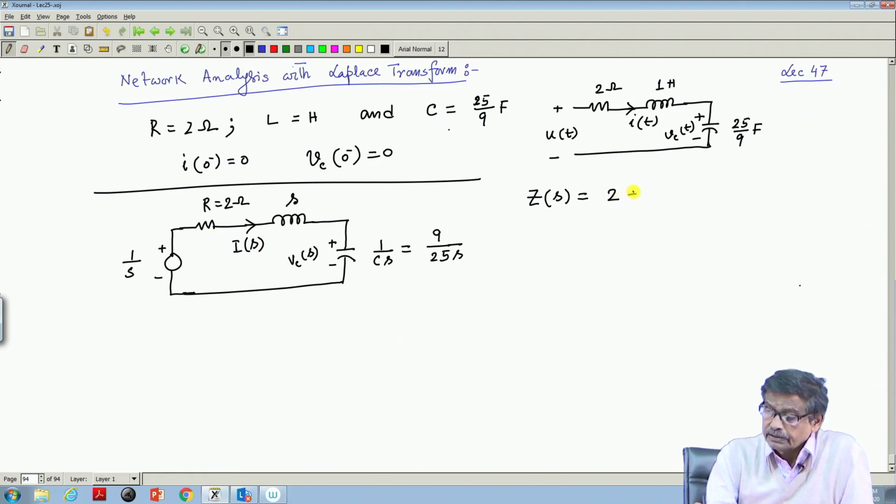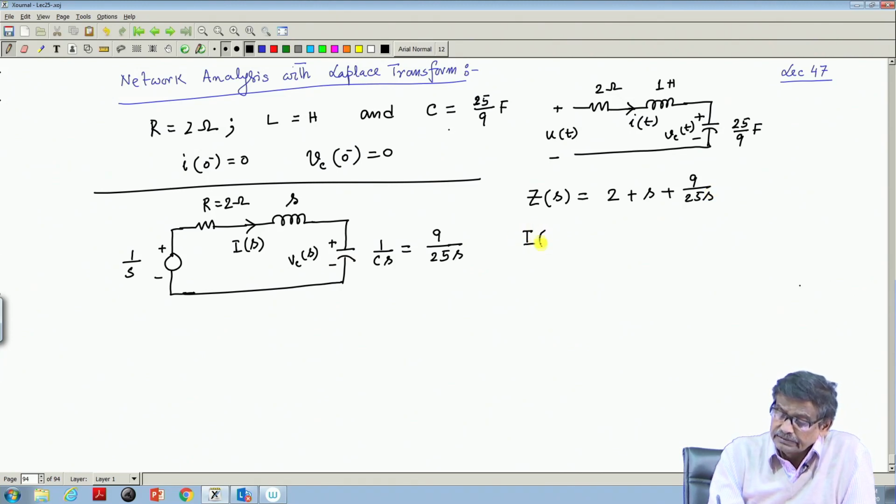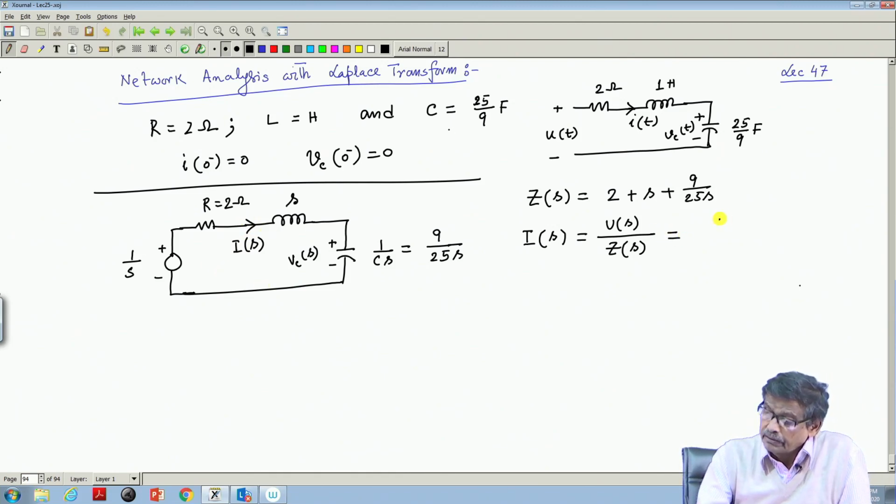So, 2 plus S plus 9 by 25 into S. Therefore, I(S) is just like a DC circuit, V by Z(S). So, the supply voltage, that is U(S), divided by Z(S), will be the current in the circuit, and this will become 1 over S, U(S) is 1 over S, divided by 2 plus S plus 9 by 25 S.